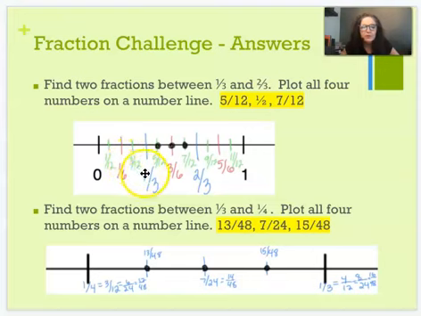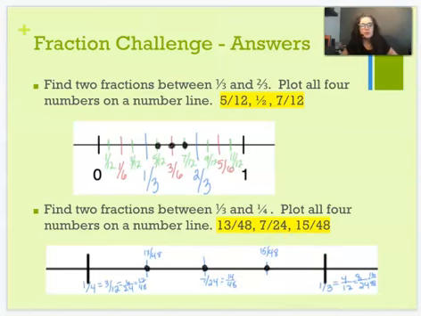Then 3/12. 4/12 is the same as 1/3. 5/12. 3/6 is the same as 1/2 or 6/12. Then 7/12. Then 2/3 is the same as 8/12. 9/12. I had this 5/6, which is still 10/12, and then 11/12. So now I can clearly see these fractions between there.